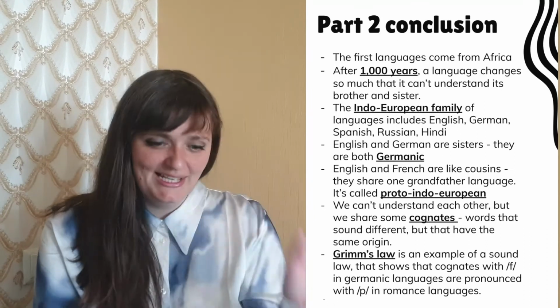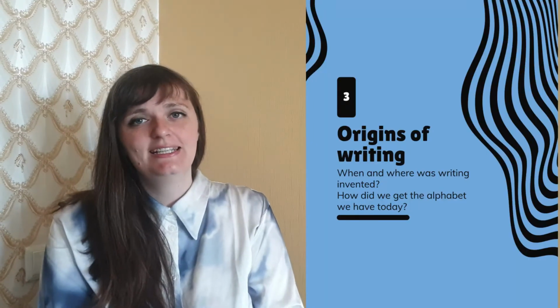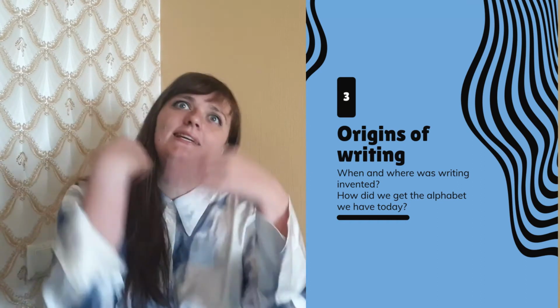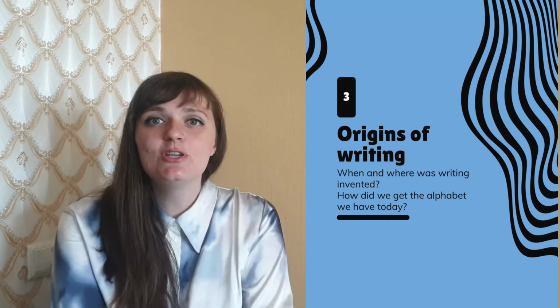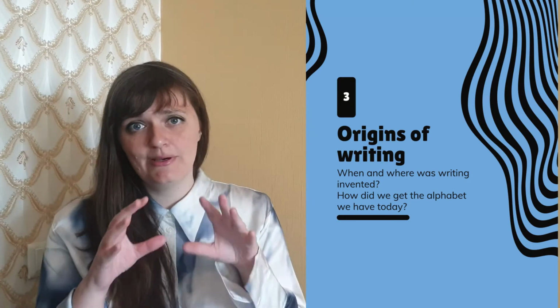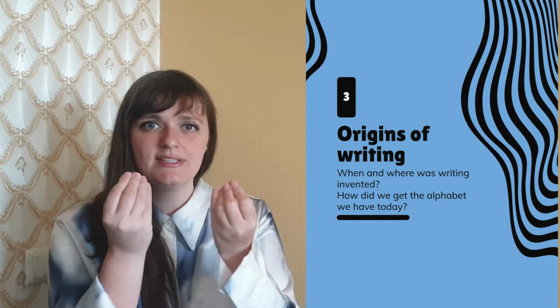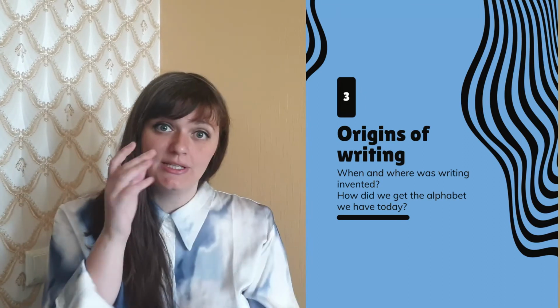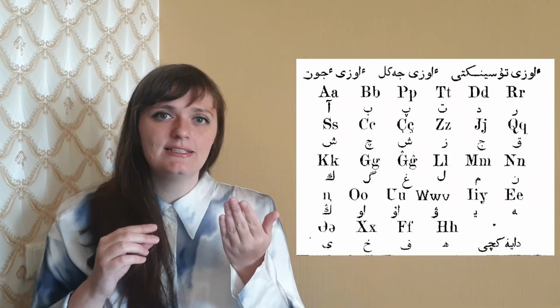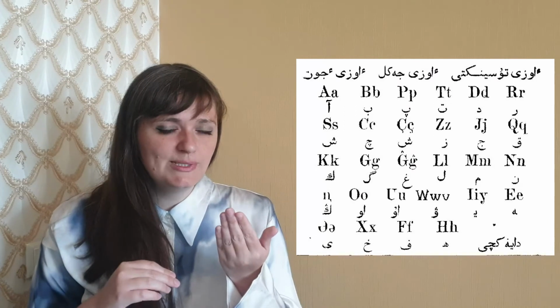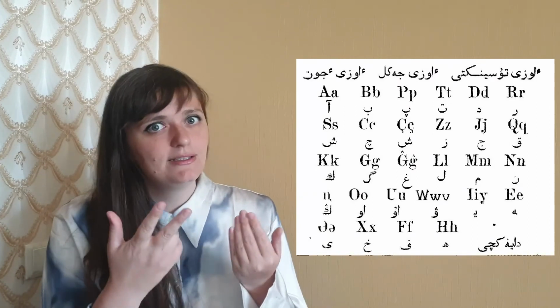So let's say goodbye now to Indo-European languages for a little bit, and we'll go back in time to the origins of writing. Now, you must not think about writing and spoken language as being part of the same evolutionary tree, because they are not at all. You can take, for example, Kazakh language. Kazakh language has been written with how many alphabets? Like 3, right?